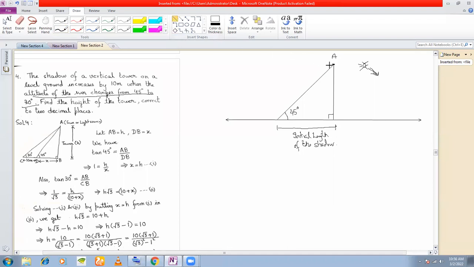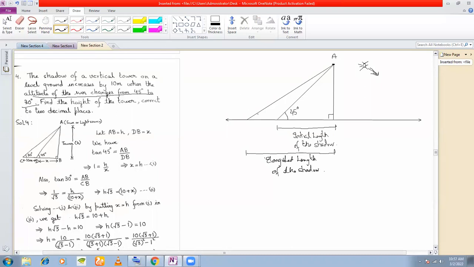And now as the sun is moving in this direction, the shadow elongates, right? So let's say the shadow elongates from this position to this position. This is the new, or elongated, length of the shadow.